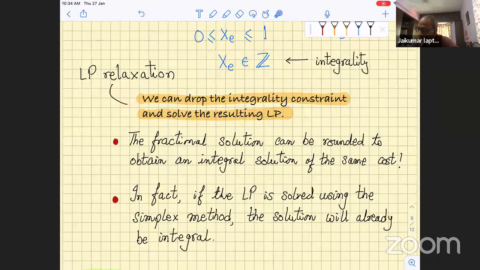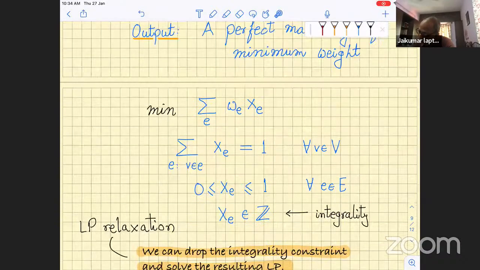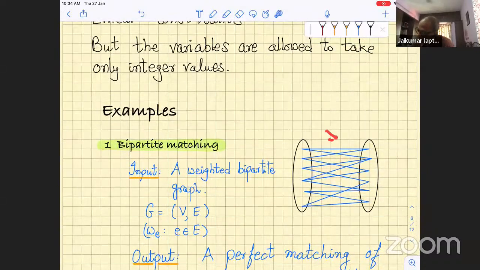So it turns out that when you solve this LP, you will get values for these edges. For each edge, you will be given a variable x sub e, and its value will be a fraction, which will belong to the interval 0 to 1.